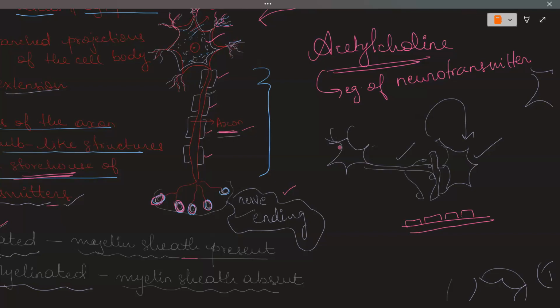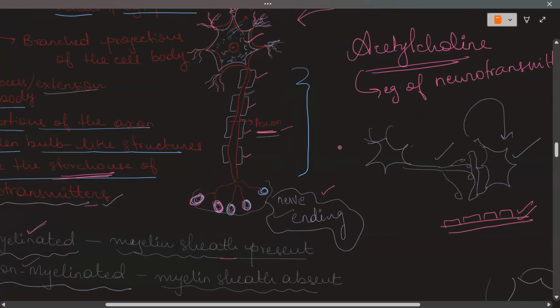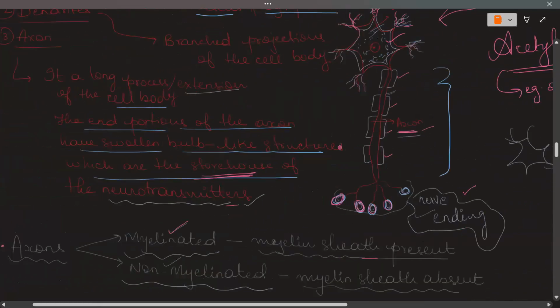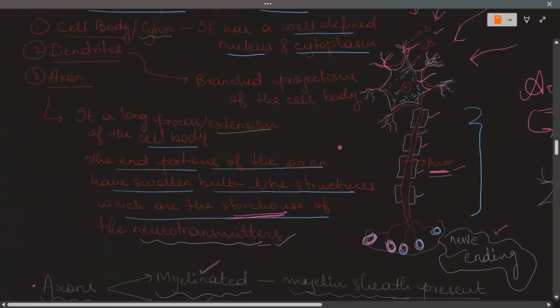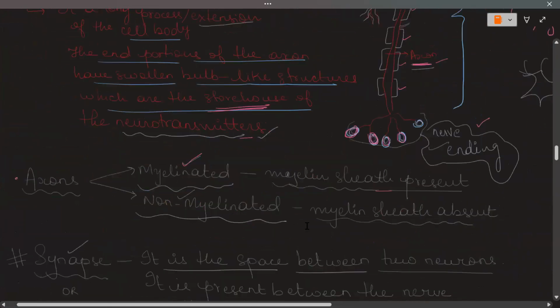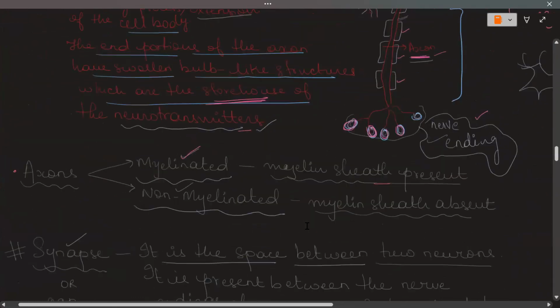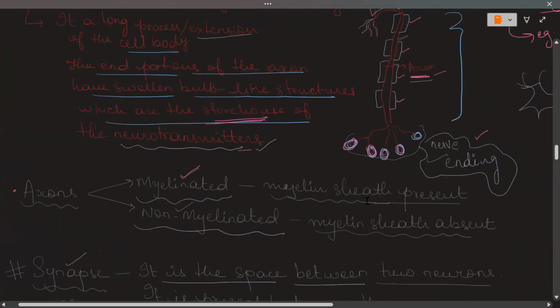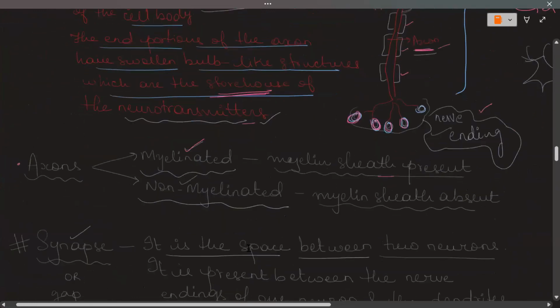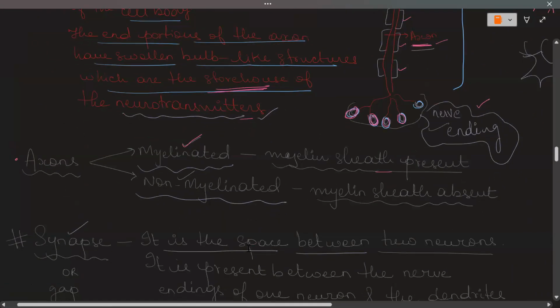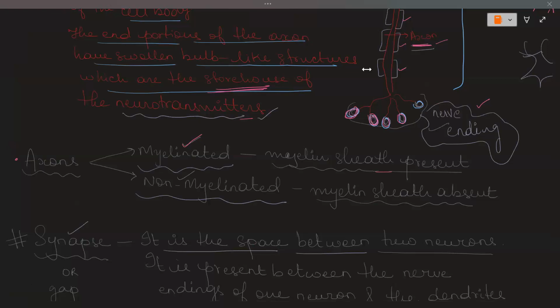So all those axons that have this covering or sheath present on them, we call myelinated axons. And then there are certain axons that do not have this myelin sheath, and we call them non-myelinated axons. Is this clear to everyone? Okay, very good.